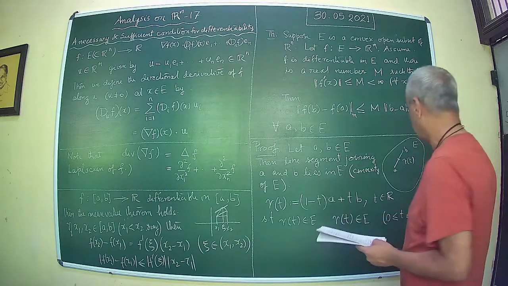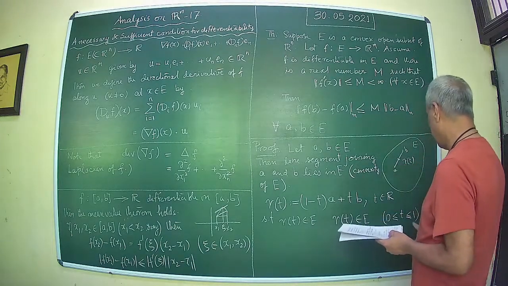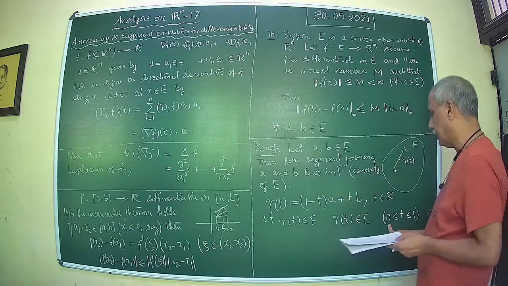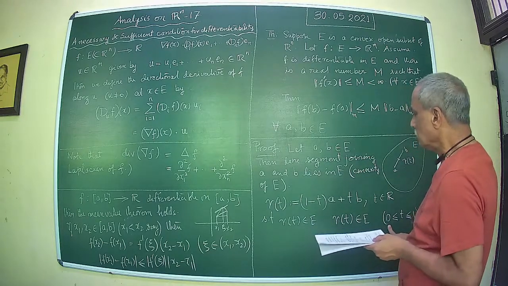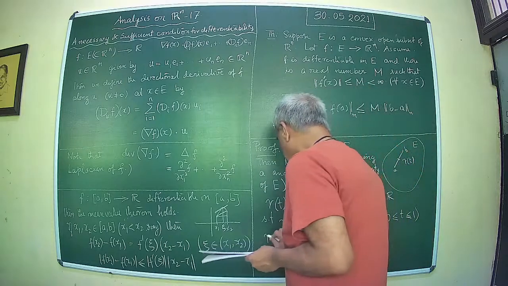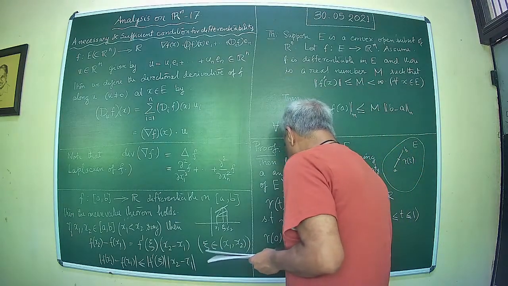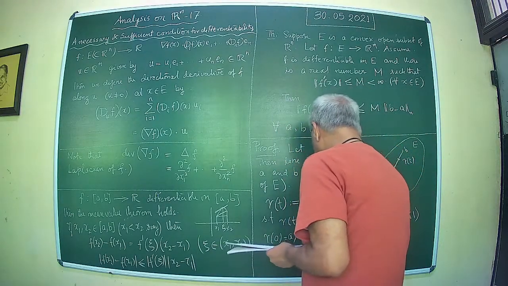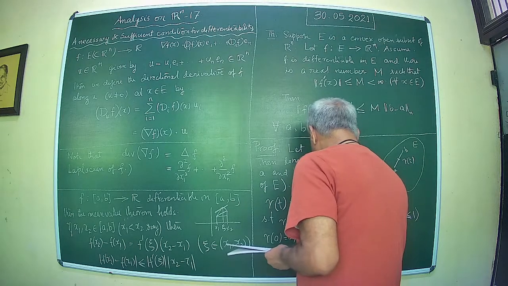When t takes the value 0, you get gamma 0 equal to a, and gamma 1 equal to b.